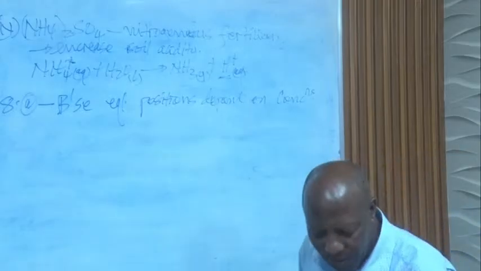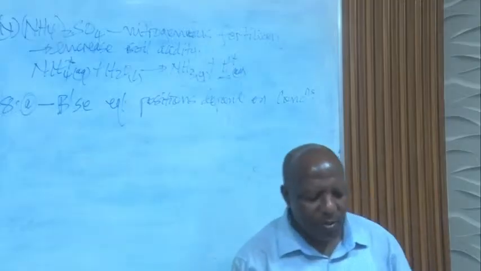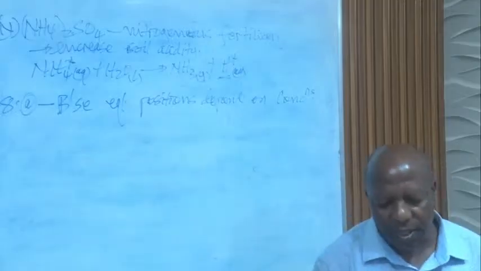So we say that the equilibrium constant is constant at constant temperature. The equilibrium constant is affected only by temperature. If the temperature remains constant, the equilibrium constant value will remain constant.